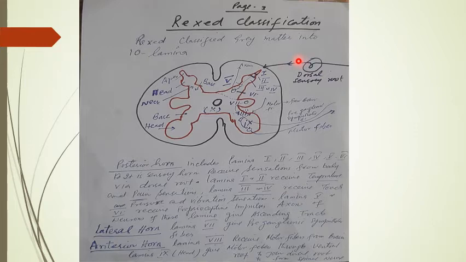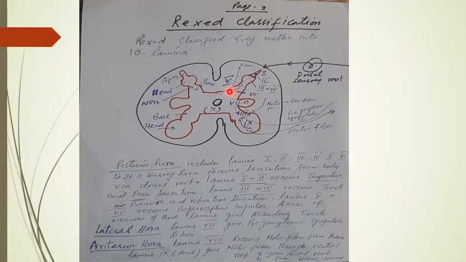The dorsal root is not a single fiber; there are multiple fibers carrying the 6 sensations separately, and they terminate in their own lamina. So the fibers of the dorsal root synapse with dendrites of the posterior horn, and the neurons of the posterior horn give axons which ascend upward in the spinal cord to the brain, and the name given is ascending tracts.